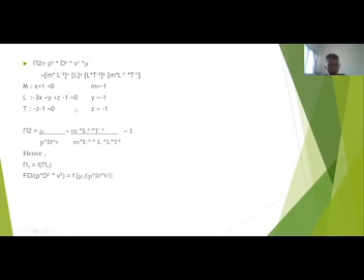So the dimensional format equation is (M times L to the negative 3) to the power of x times L to the power of y times (L times T to the power of negative 1) to the power of z times M times L to the power of negative 1 times T to the power of negative 1.